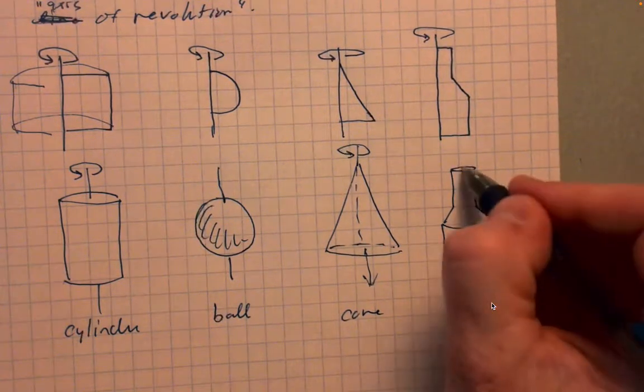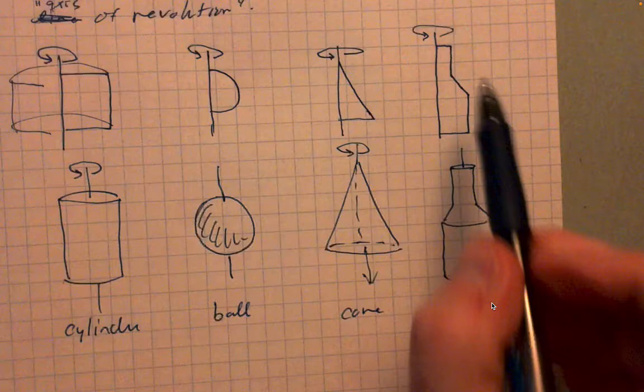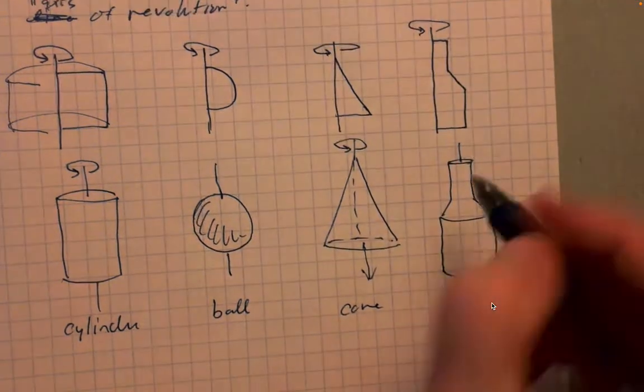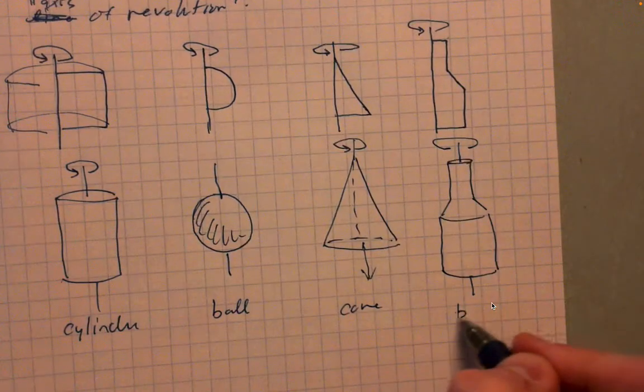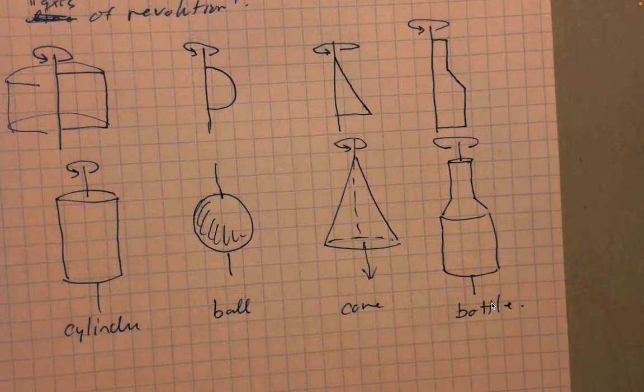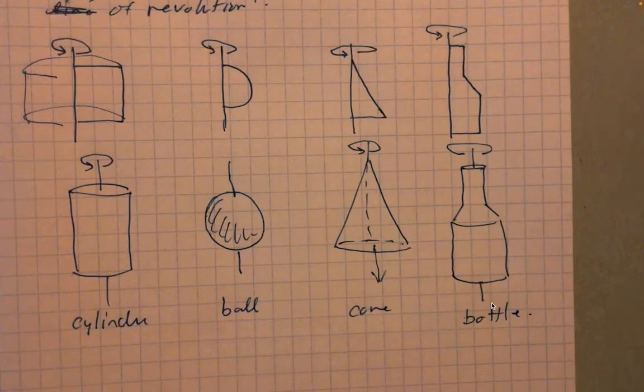It's not exactly like this, but you get the idea. There is obviously an infinite variety of shapes that can be generated, spun up in this way, and this is just a smattering.